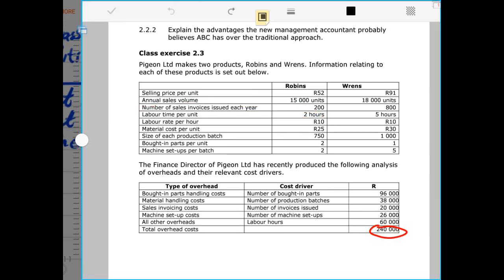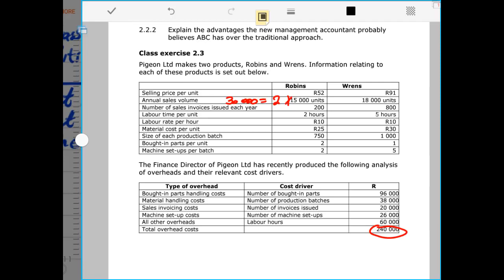So the company will produce and sell 15,000 units, and for each unit that is produced, it takes 2 hours. So if we need total labor hours, we say the number of units, 15,000, times 2 hours. That will give us 30,000 hours of labor for Robins.